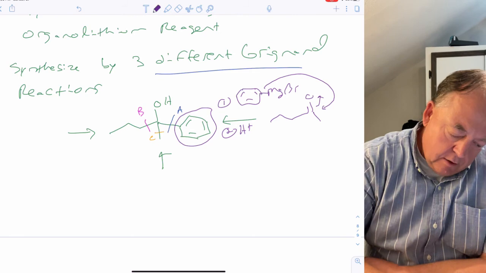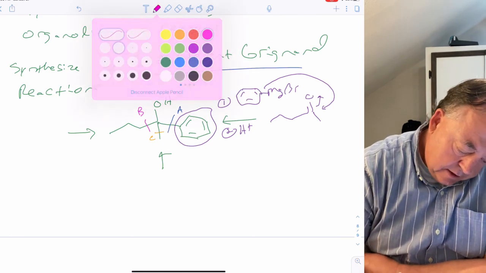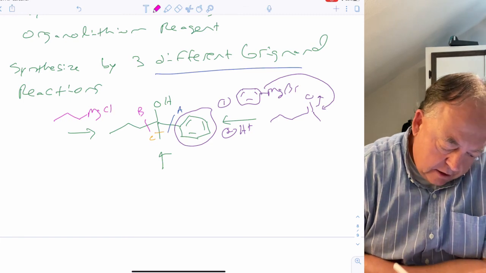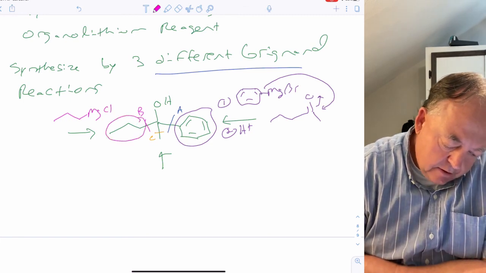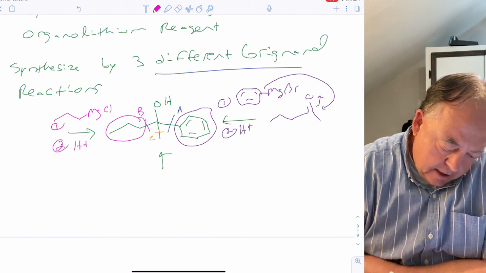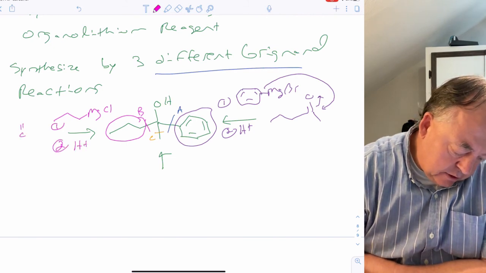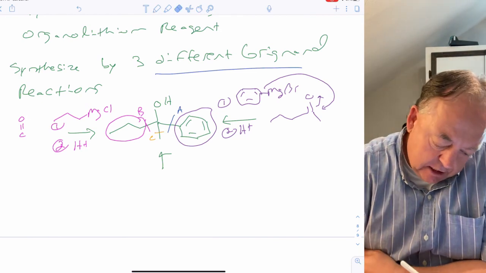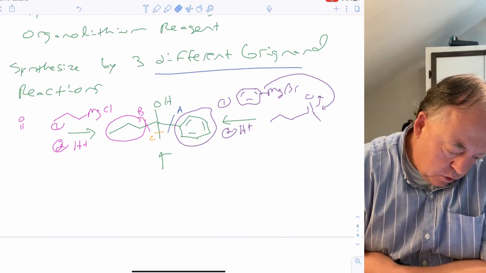Or if we undid bond B, then that could have been your Grignard reagent in the first step and the second step, H+, and then your ketone would have had, so the old alcohol started out as a ketone, C double bond O, and it would have had a methyl group attached to it.